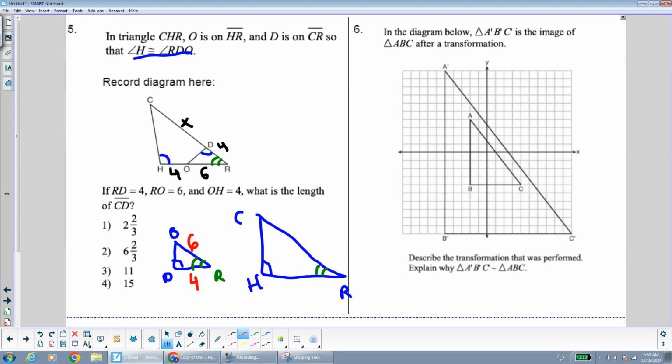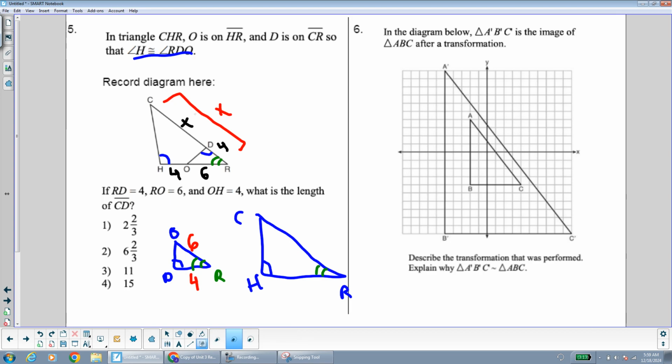I need to find CD, but CD is not part of either triangle. So what if I find CR instead? And then once I have CR, I can subtract 4 to get CD. And over here, RH is 10.